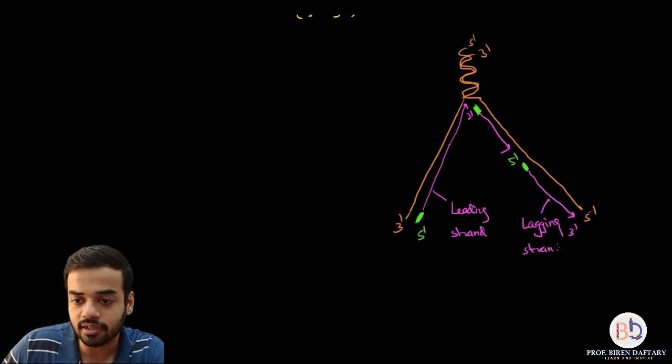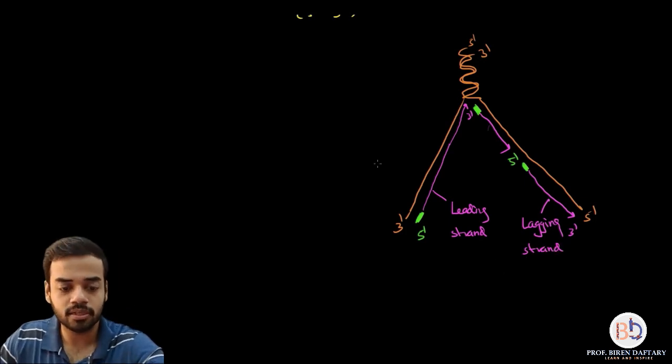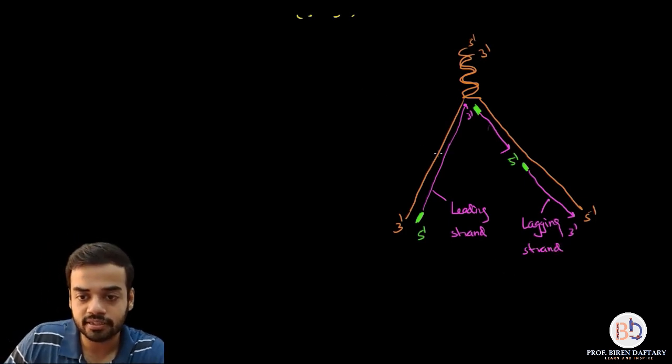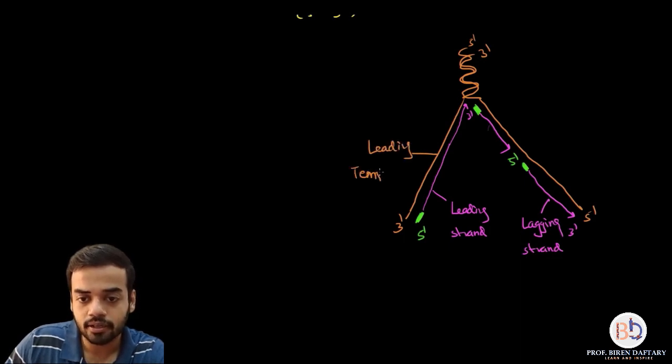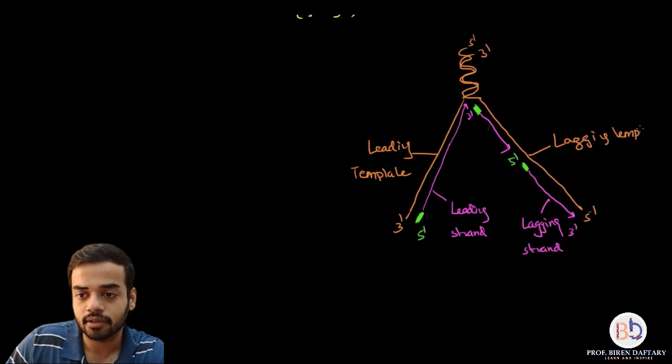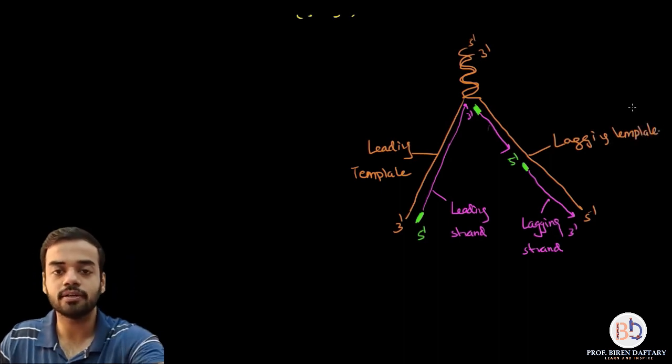I hope this is clear. Okay. Similarly, the template or the parent strands are also called as leading template, and this is also called as the lagging template. Is this part clear?